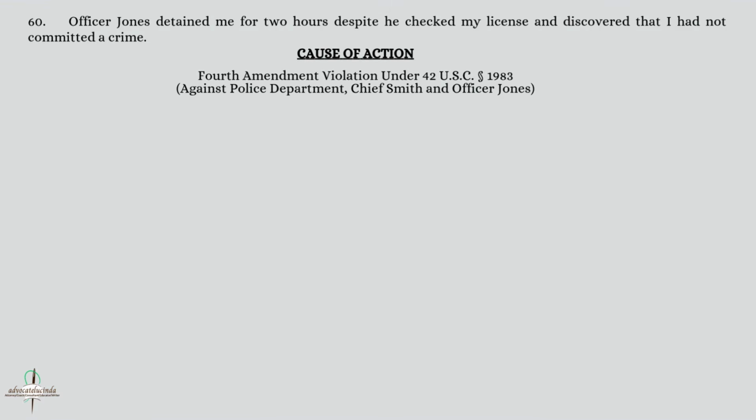So the last allegation under claims is 60. Federal cause of action, Fourth Amendment violation under 42 U.S.C. 1983 against Police Department Chief Smith and Officer Jones, because I'm suing the municipality. Okay?